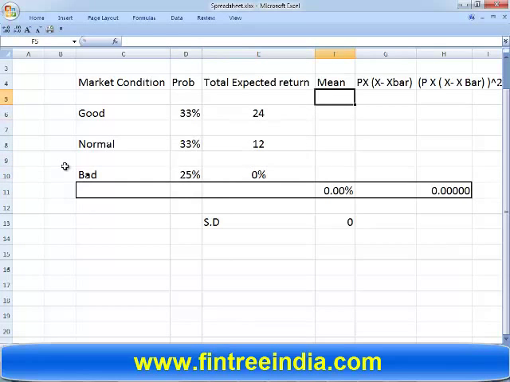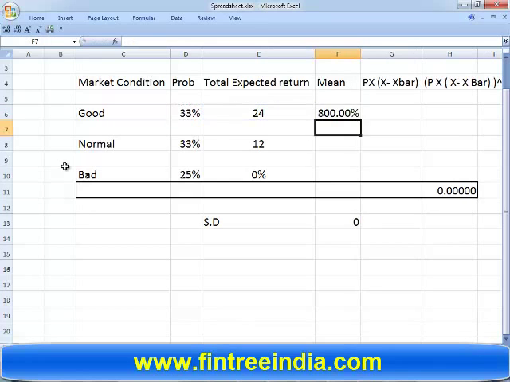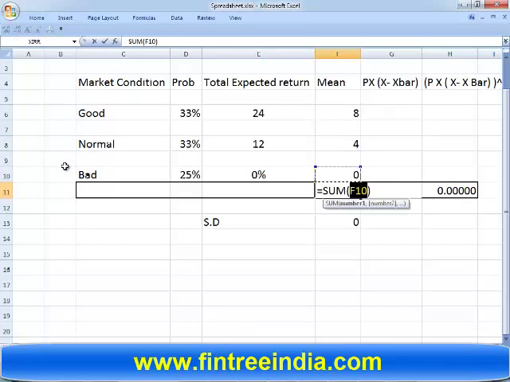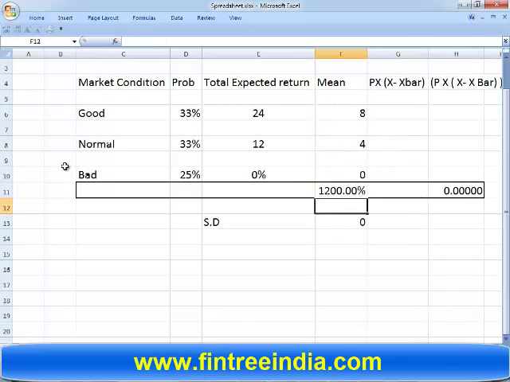Okay. So let's calculate a mean now. That last one is still at 25%. The probability.